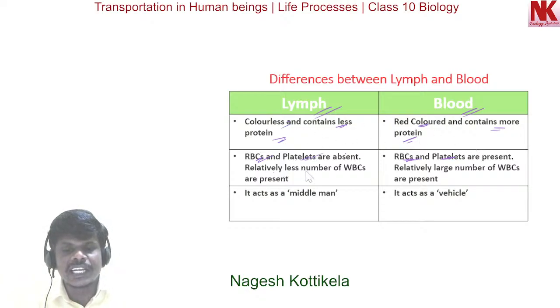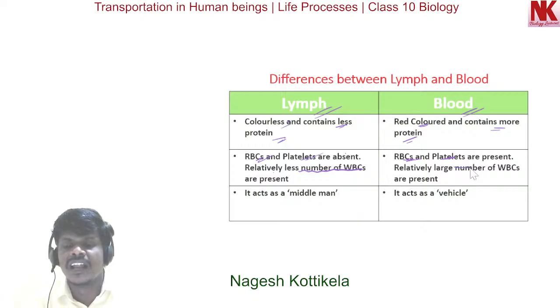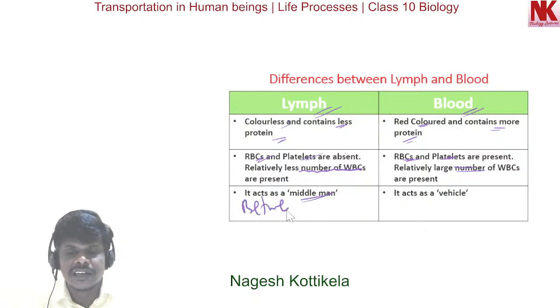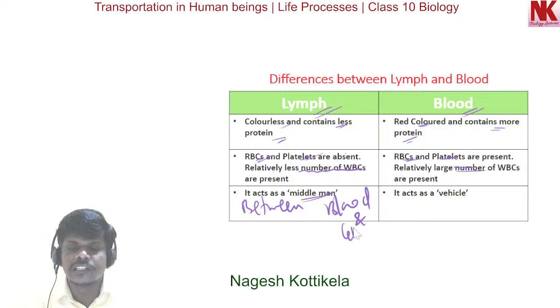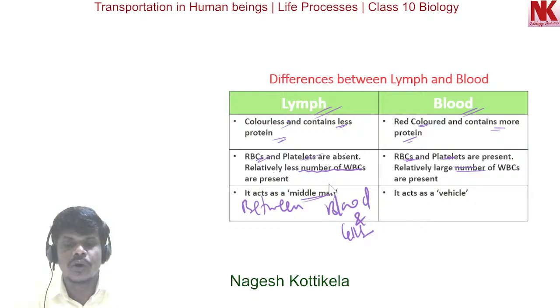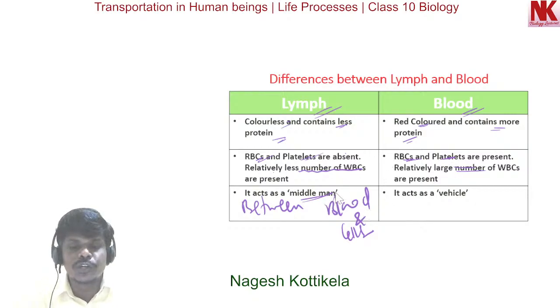Lymph has a relatively smaller number of WBCs, and blood has a relatively large number of WBCs. Lymph acts as a middleman between blood and cells. It transports nutrients and oxygen to the cells, and from the cells it transports waste and carbon dioxide into the blood.